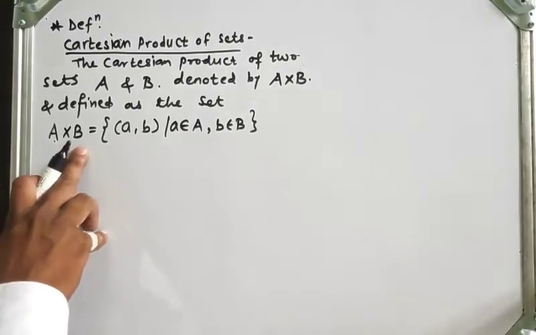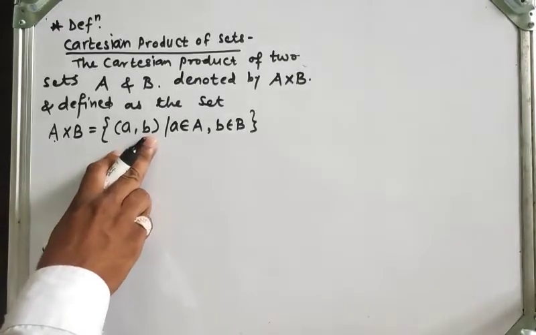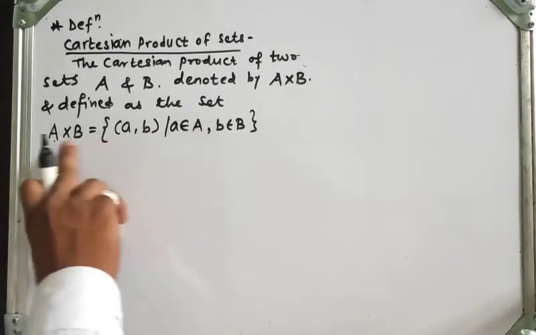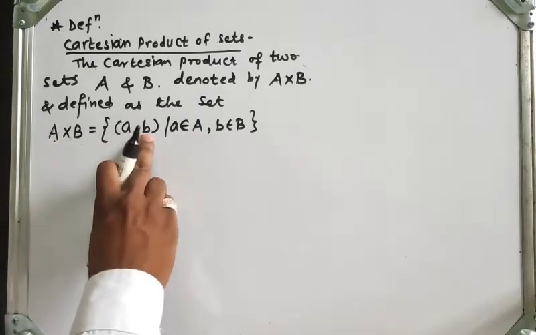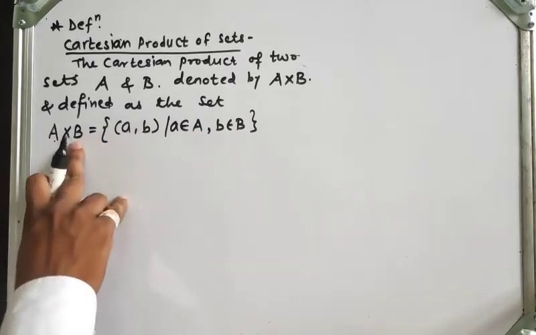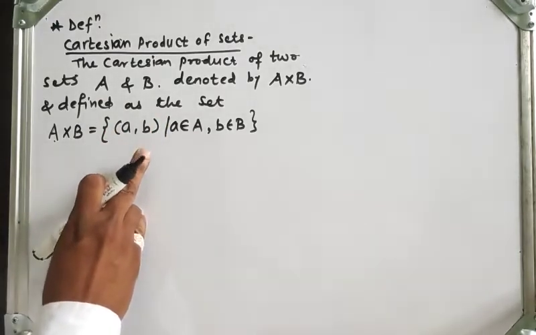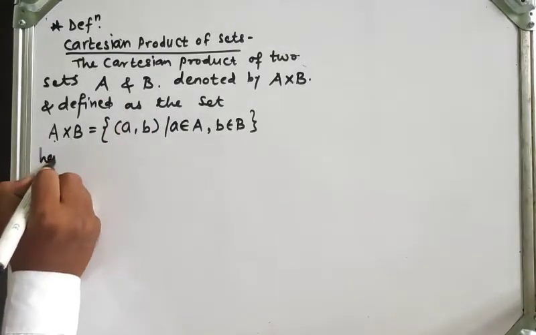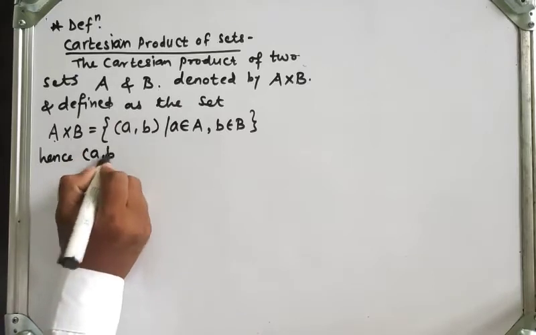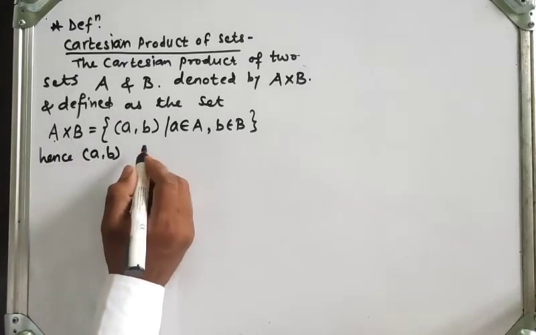Here A cross B is the set of all ordered pairs (a, b) such that a is from the first set A and this small b is from the second set B. So these are all possible ordered pairs. Hence (a, b) is called an ordered pair.